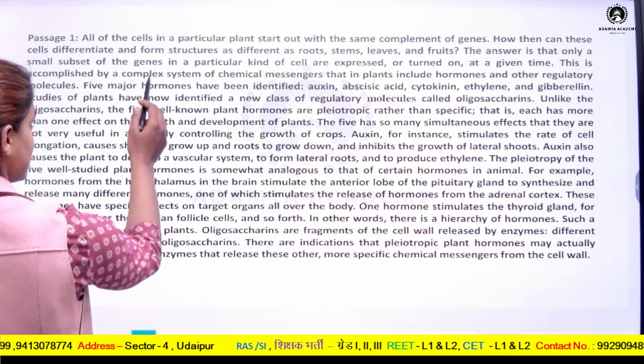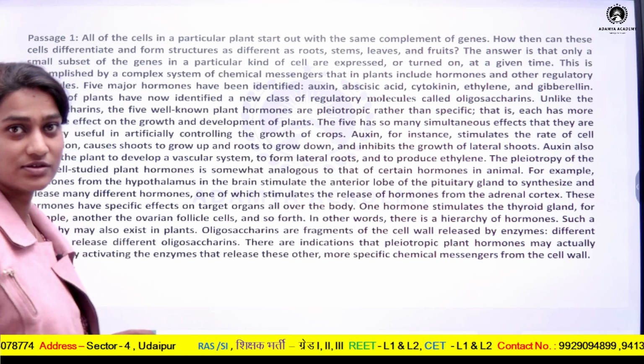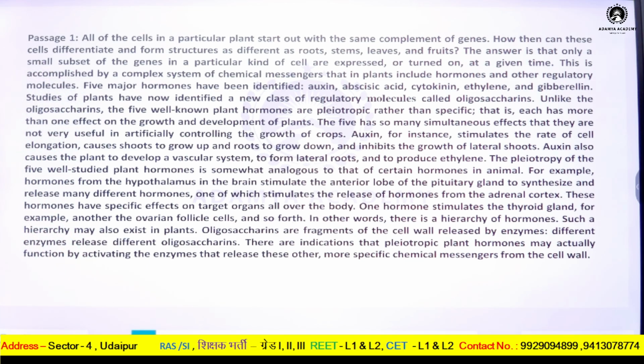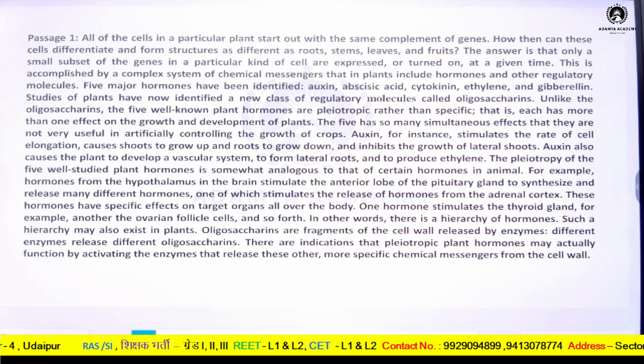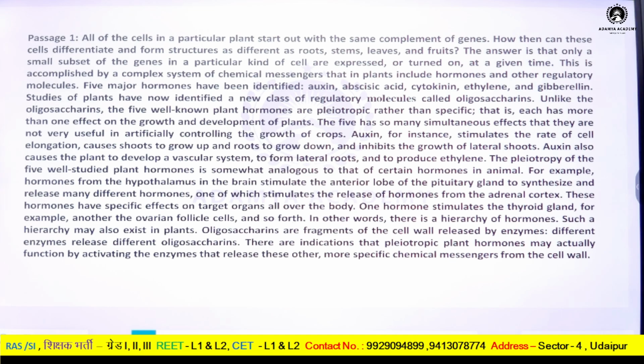This is the comprehension which you can read. All of the cells in a particular plant start out with the same complement of genes. How can these cells differentiate and form structures as different as roots, stems, leaves and fruits? The answer is that only a small subset of the genes in a particular kind of cell are expressed or turned on at a given time.